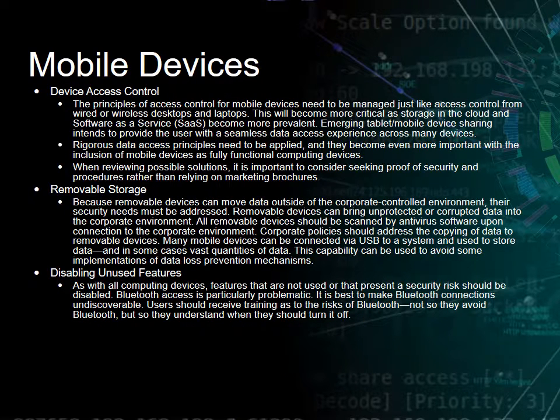Some other mobile device concepts. There's device access control. The principles of access control for mobile devices need to be managed just like access control for wired and wireless desktops and laptops. This will become more critical as storage in the cloud and software as a service becomes more prevalent. Emergent tablet and mobile device sharing tends to provide the user with a seamless data access experience across many devices.